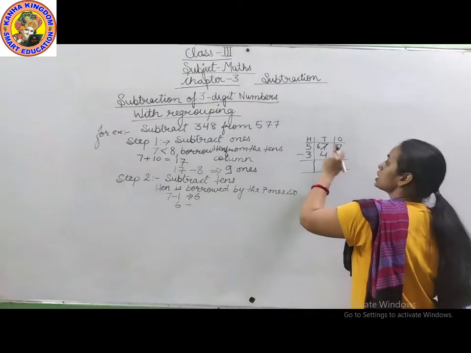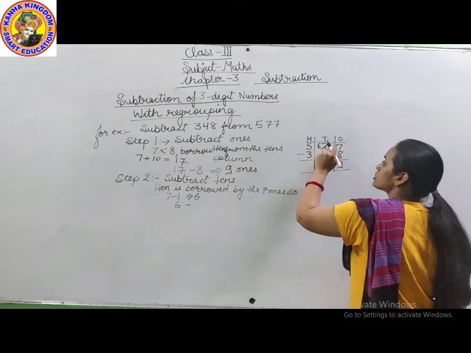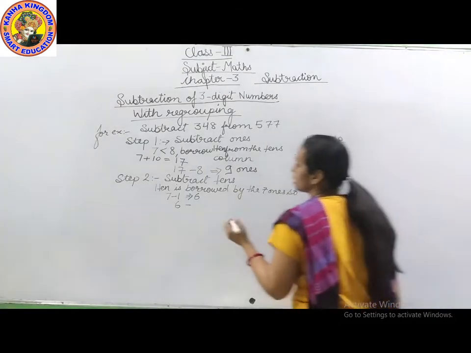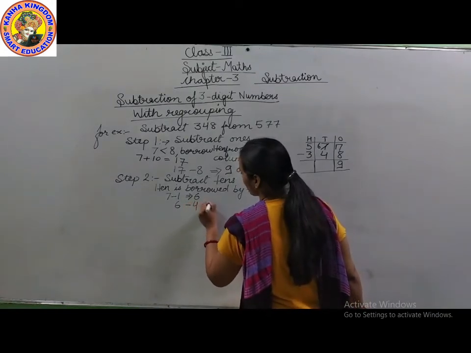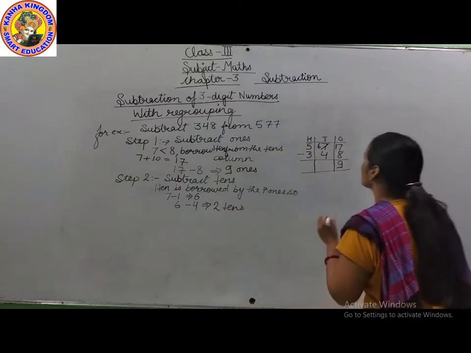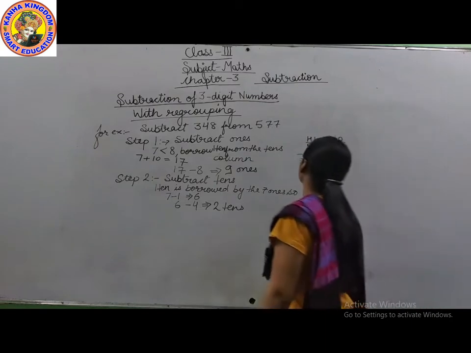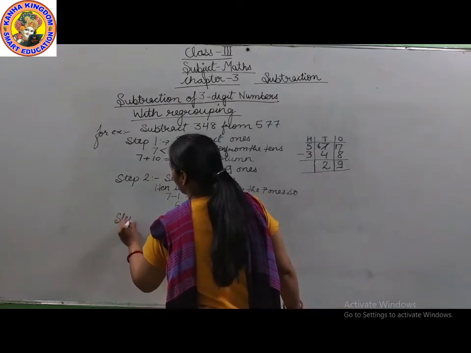So 6 tens minus 4 tens equals 2 tens. Our answer is 2 tens. 6 minus 4 equals 2.